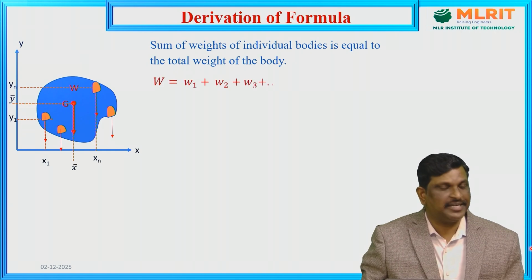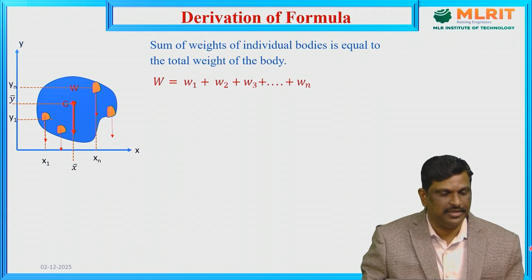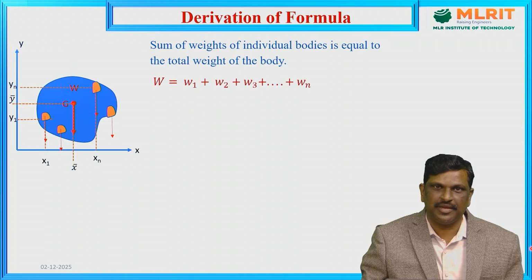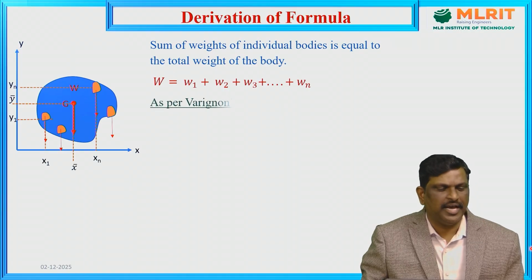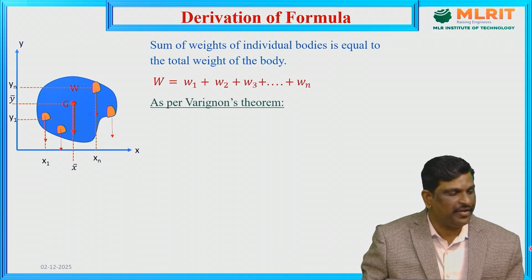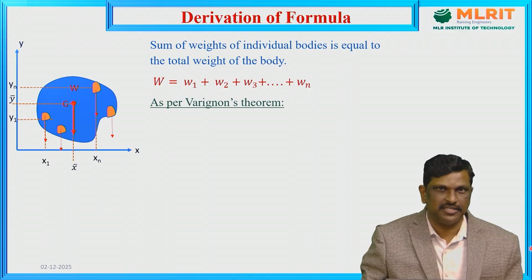Now the total weight capital W will be given by W1 plus W2 plus W3 and so on Wn. Now as per Varignon's theorem, all the weights are forces, the force by which the body is pulled towards the earth center.